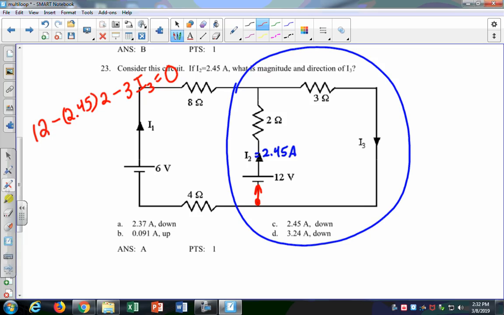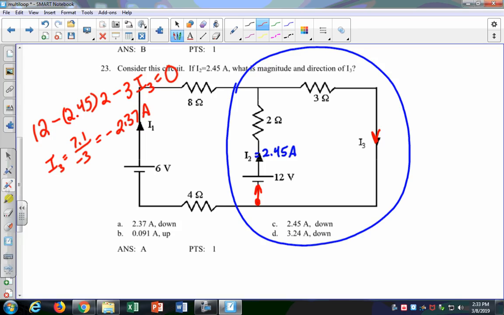So that's 12 minus 4.9 divided by 3. So I3 equals 7.1 divided by negative 3. We get negative 2.37 amps. And because it is down here, the answer.